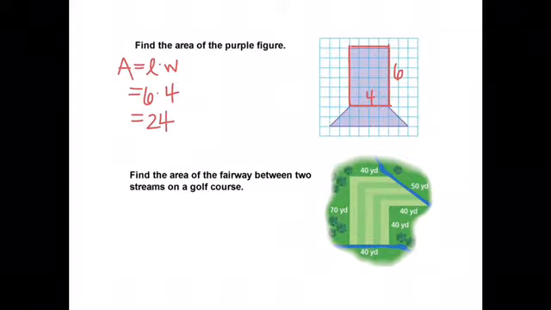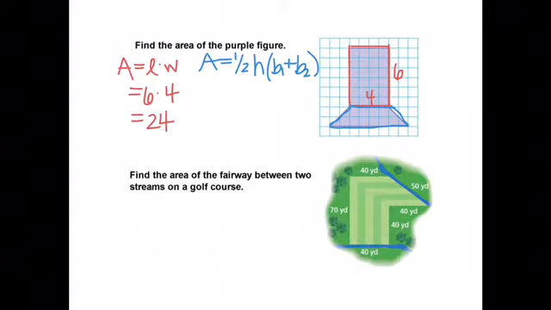So now, if I look at my trapezoid, I know I need height and 2 bases. So one of my bases up here is going to be 4. It's where it meets up with the rectangle. My other base is this long one down here, and that is 8.